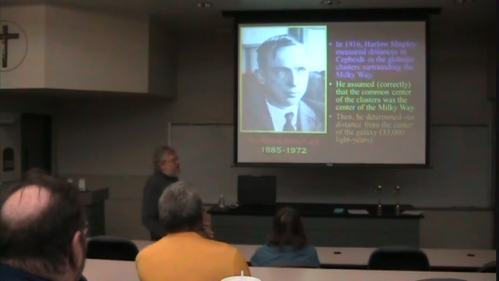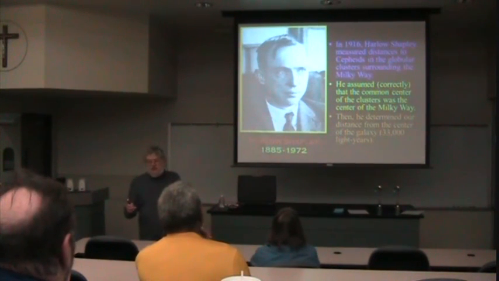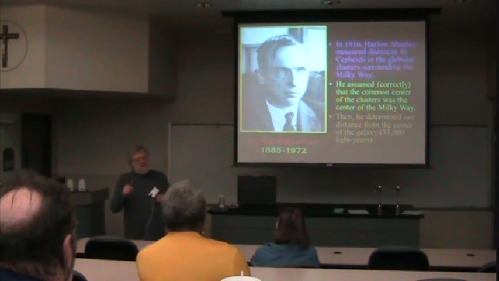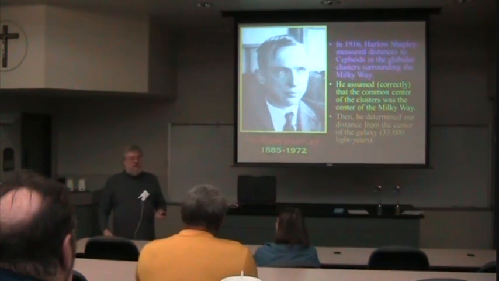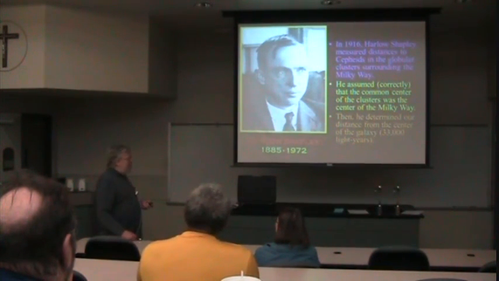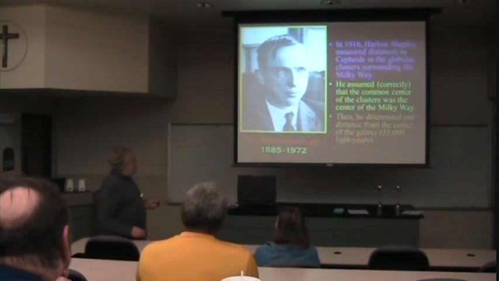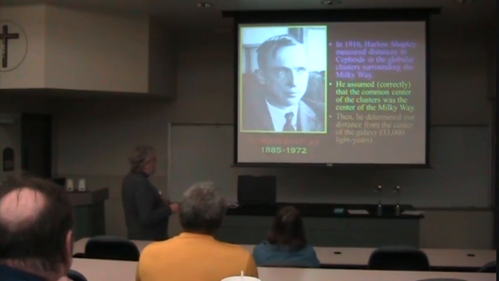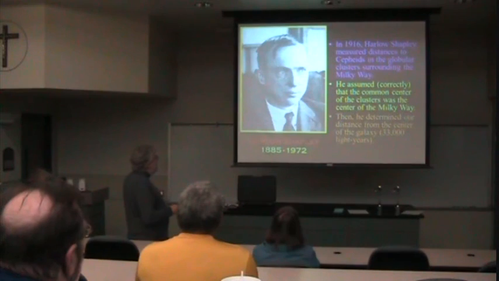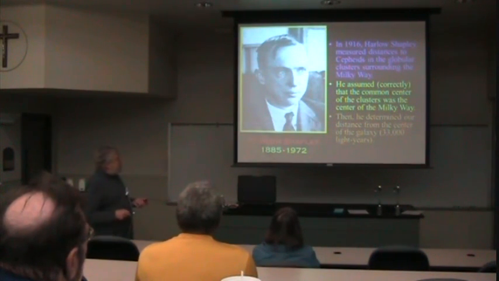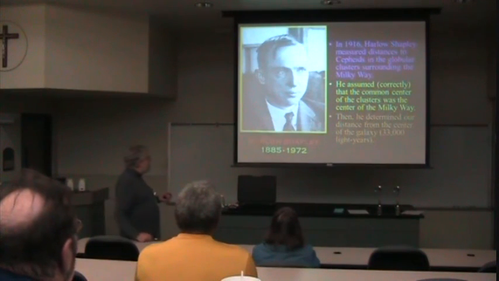He figured that if all the globular clusters were in a swarm surrounding the nucleus of the Milky Way, and he measured the average distance to each one, right at the center of that should be where the center of the galaxy is. And that's what he did. Later on, that had to be corrected. I've already got the corrected figure here, that we're about 33,000 light years from the center, but he originally had it more like 17,000.